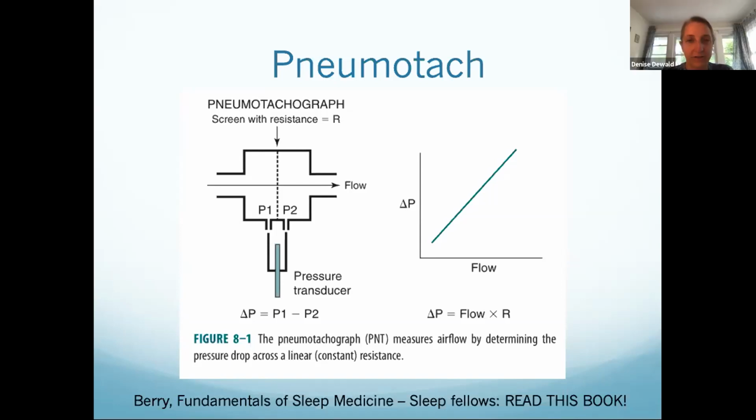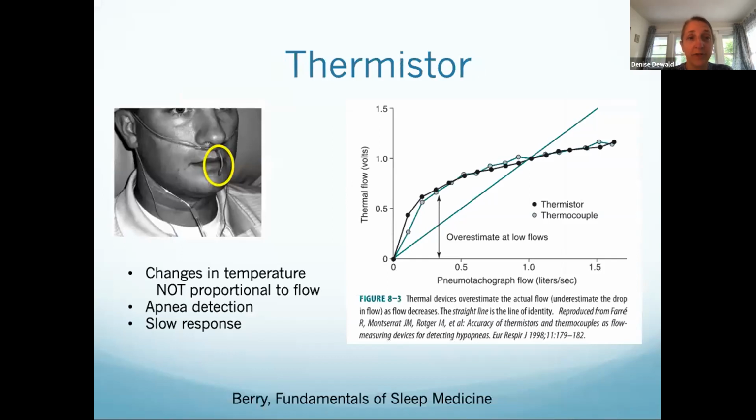All right. Now your thermistor is just a thermocouple. It has a little thermocouple here at the nose and another thermocouple here, so the nasal-oral thermistor. It's measuring warm air coming through the nose or the mouth. The thing to know about this is that it's not proportional to flow, just changes in temperature.